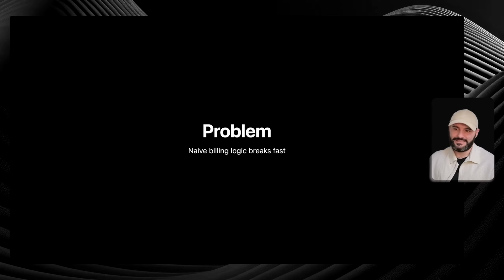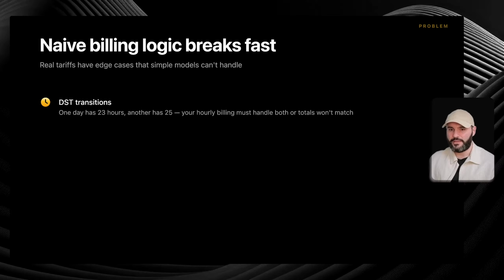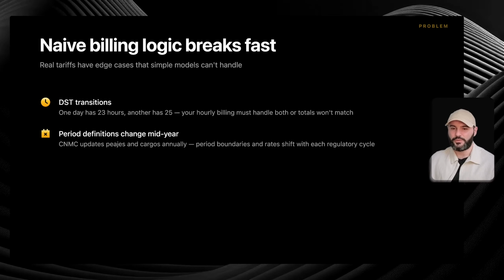The problem is that the naive billing logic breaks too fast, which is what I see many companies or beginners might have, or ones that are relying on their internal resources beyond going to other providers. So one day has 23 hours, another may have 25 because of the hour change, and the billing must handle this appropriately. This is something that with co-programming we can handle pretty well.